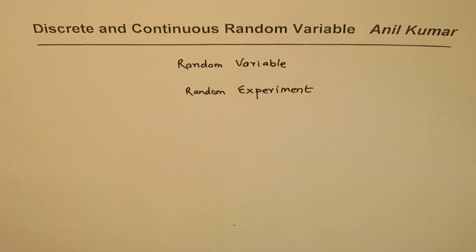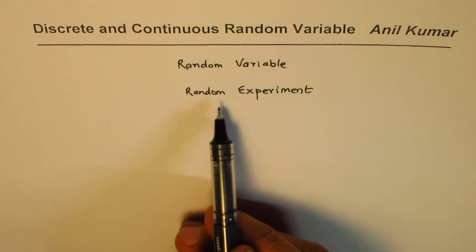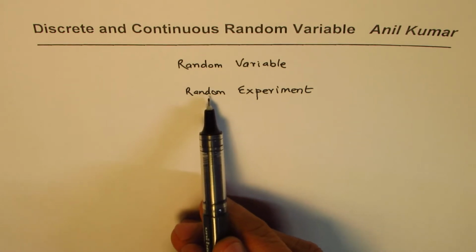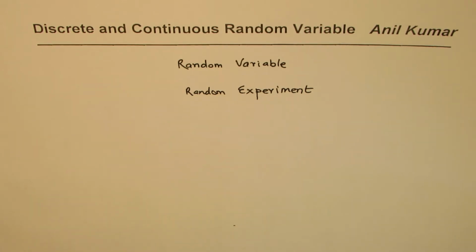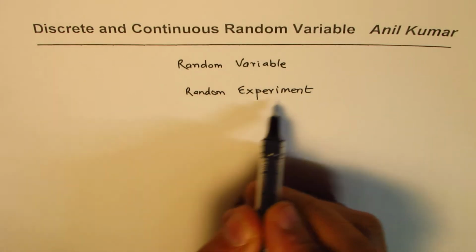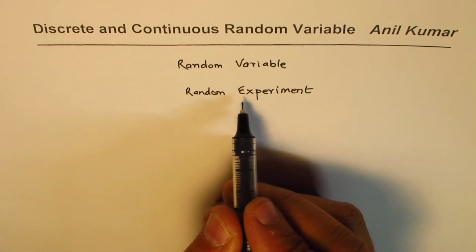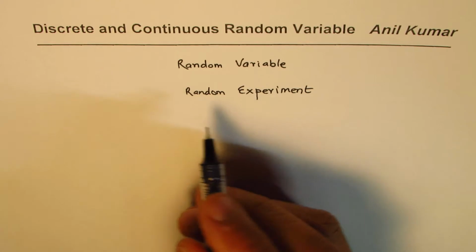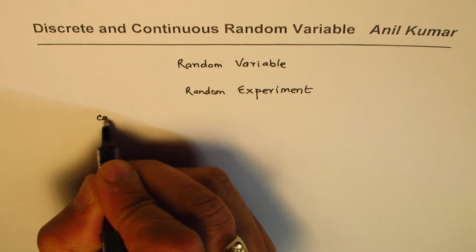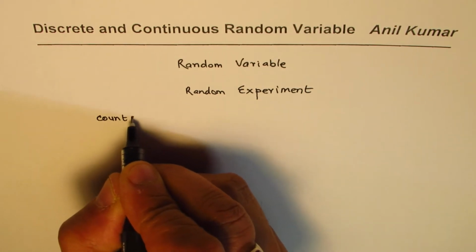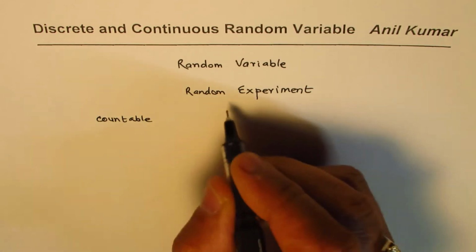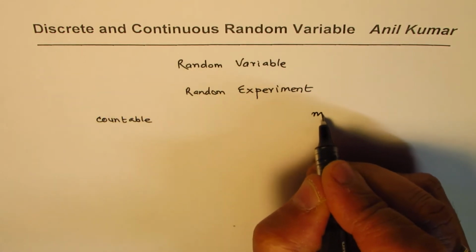Now we define some relation from the outcomes of the experiment, and we have seen that these outcomes could sometimes be countable. Sometimes we could count them, or these outcomes are measurable.